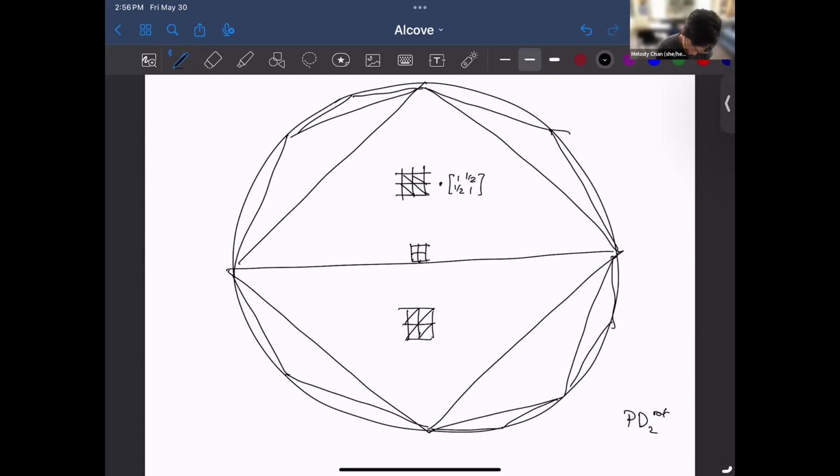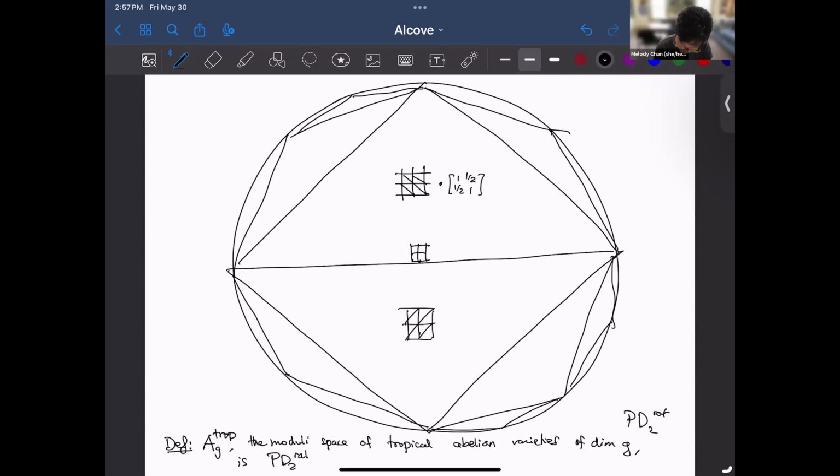And the definition of the moduli space of tropical abelian varieties of dimension g is the quotient of this tiling by the action of GL_g(Z).